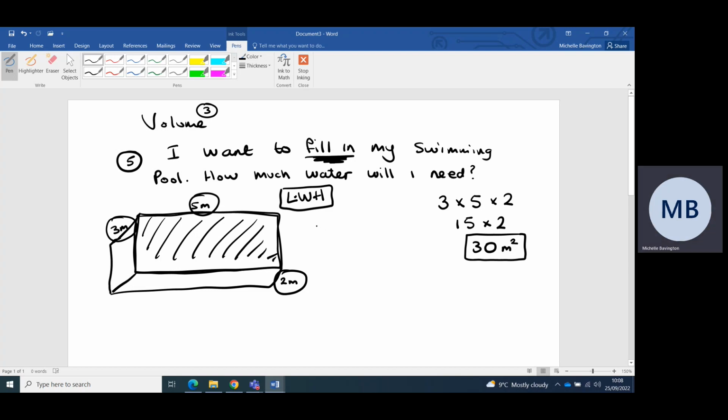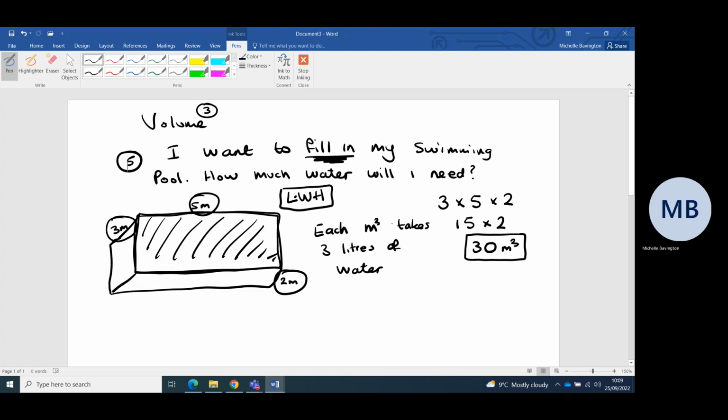Okay, so for each meter cubed, you've got 3 numbers, 1, 2, 3. Each meter cube takes 3 liters of water, and you've got 30 meters cubed.